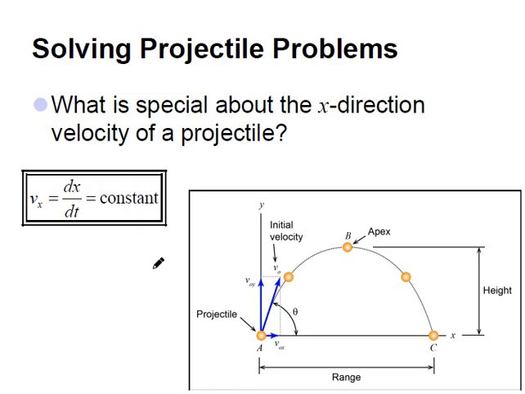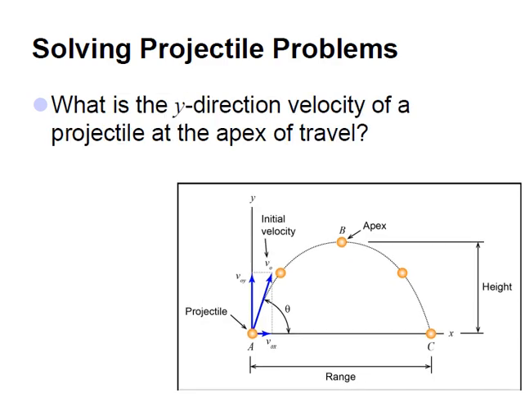So I show it right here for you why the acceleration is 0. It is because in the x direction, your velocity is constant. Your dx divided by dt is going to have a constant velocity. So therefore there is no acceleration on the x-axis.